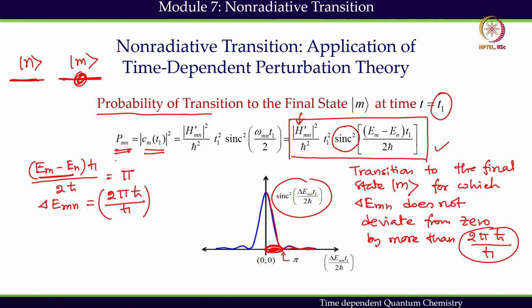So, what it suggests is that I can have a population transfer from the initial state to the final state only if this final state energy is within this width, plus minus width. So, if this is the energy of Em, then both sides are possible.